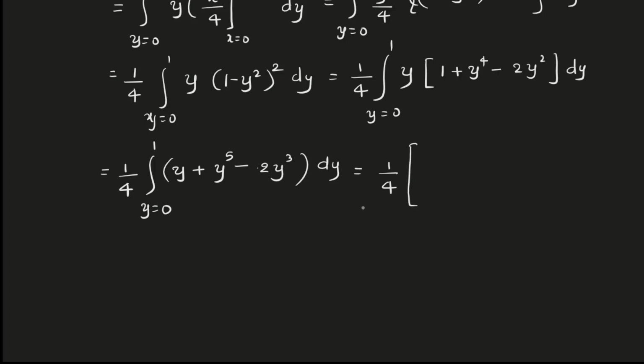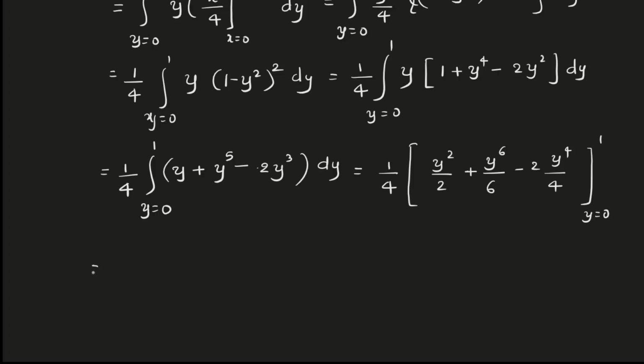Now integrate with respect to y. So y into dy gives y square by 2, plus integration of y5 is y6 by 6, minus 2 y raised to 4 by 4. Limits vary from 0 to 1.